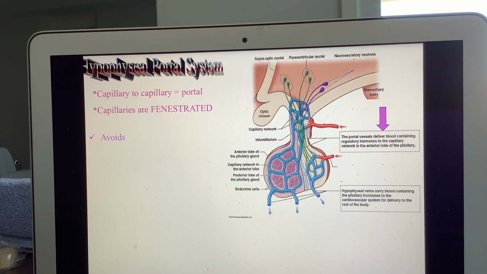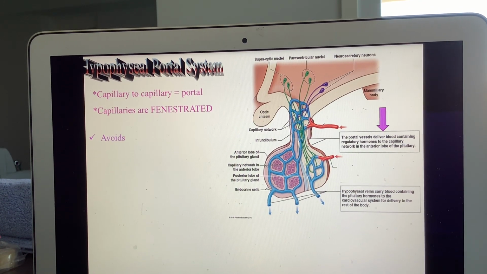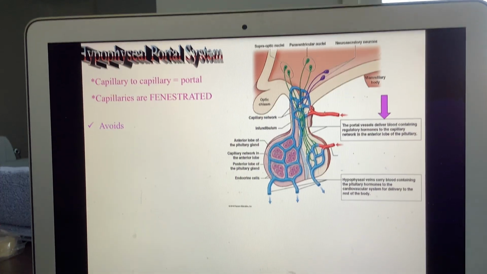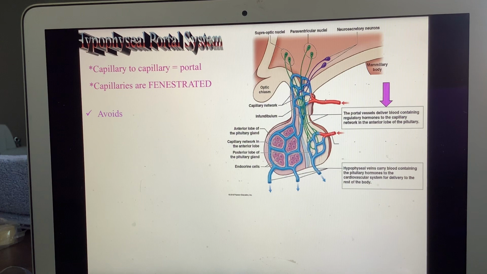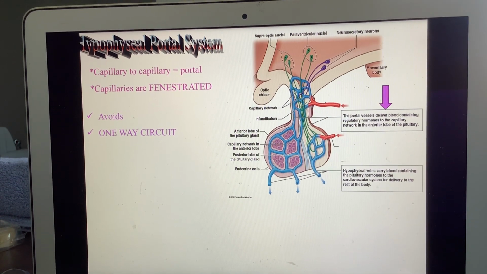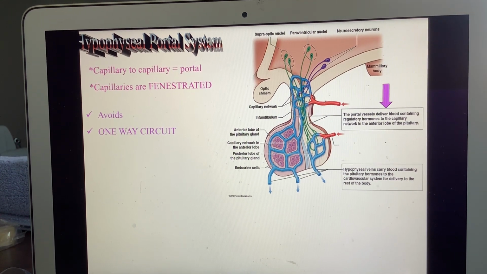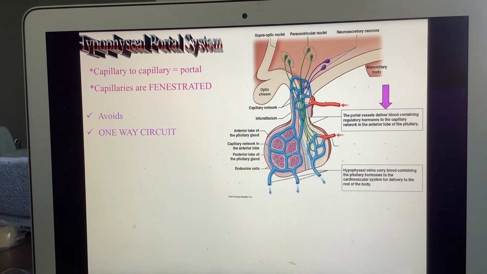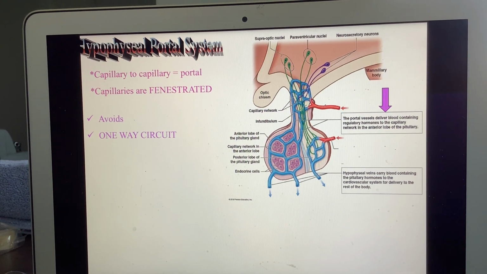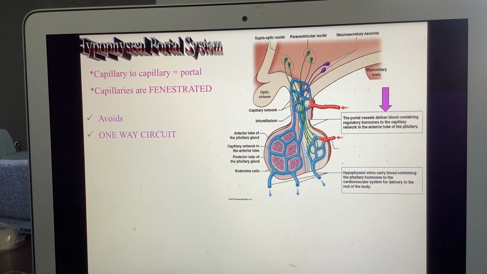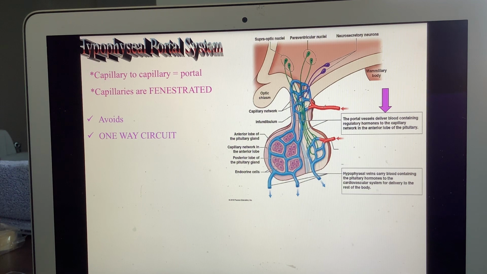Essentially then, what it does is it's going to avoid the systemic circulation. And in avoiding that systemic circulation, then it's a one-way circuit. It goes directly from the hypothalamus to the anterior pituitary. It doesn't have to go through the systemic circulation. It goes faster and it doesn't get diluted or degraded. So again, it's going to avoid the systemic circulation because it's a one-way circuit.